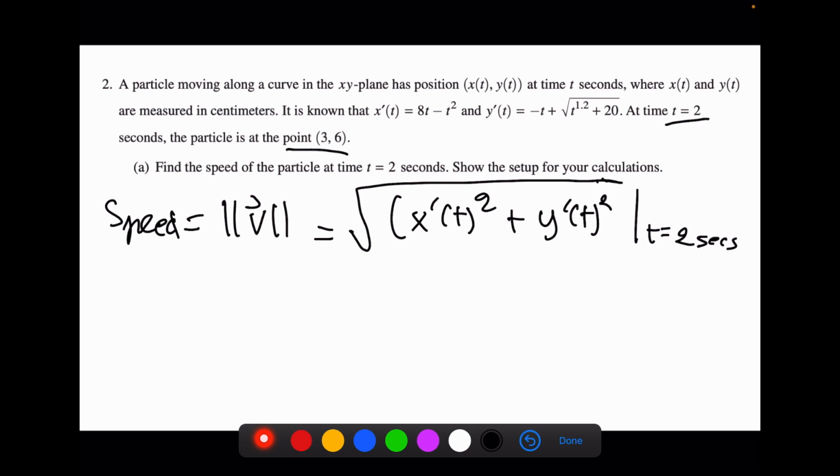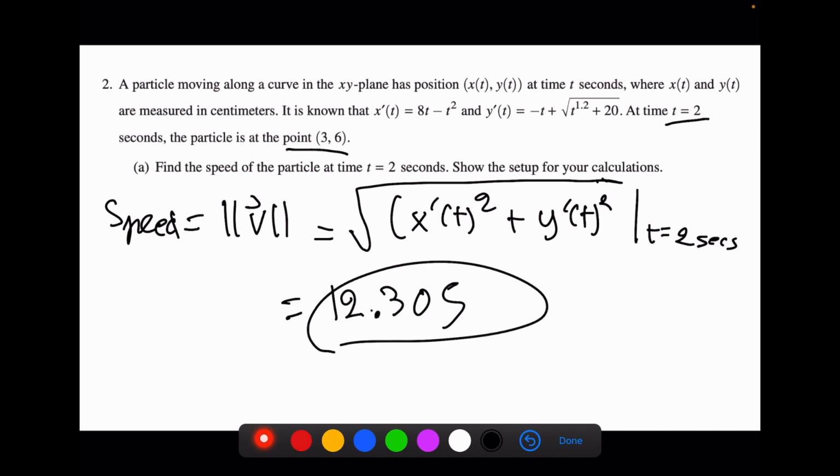I'm going to get an answer here of 12.305. It is not asking us to do units, so I think we should be fine with simply putting this. I think if you put this, you would get full credit for this question, right?